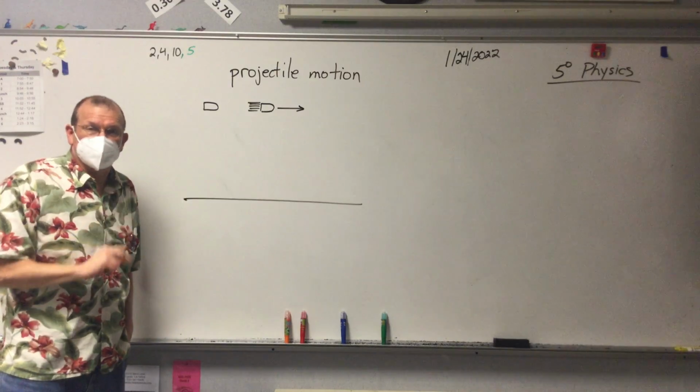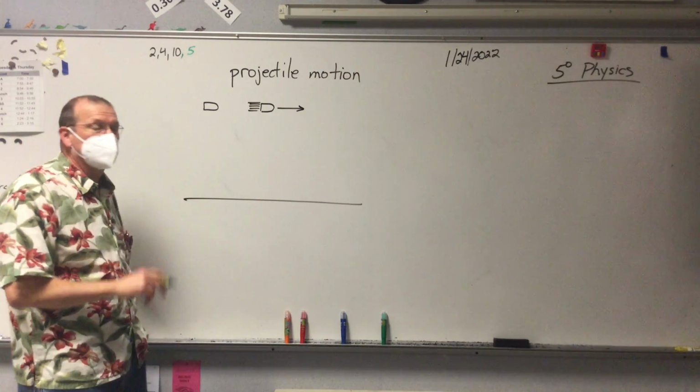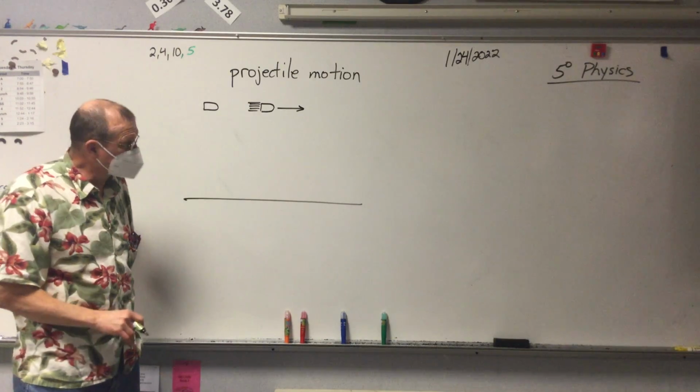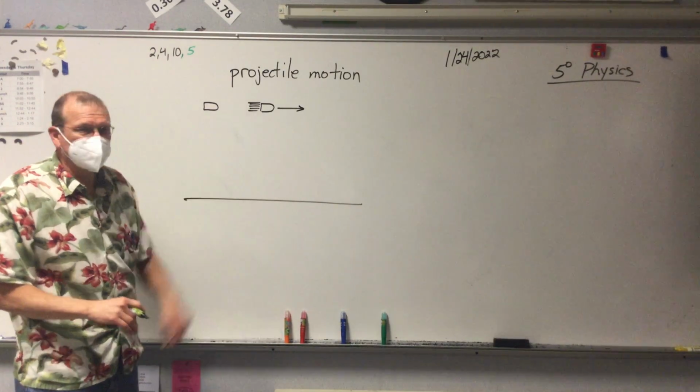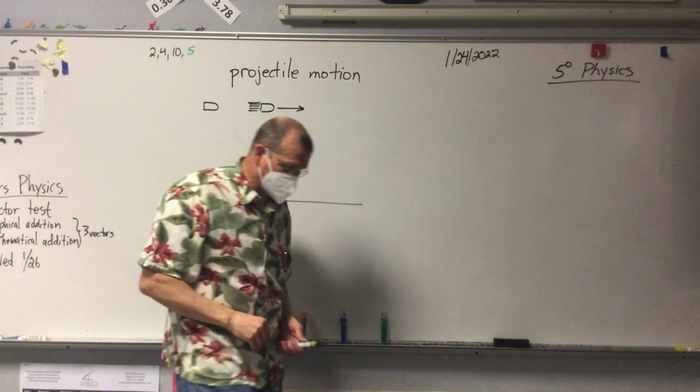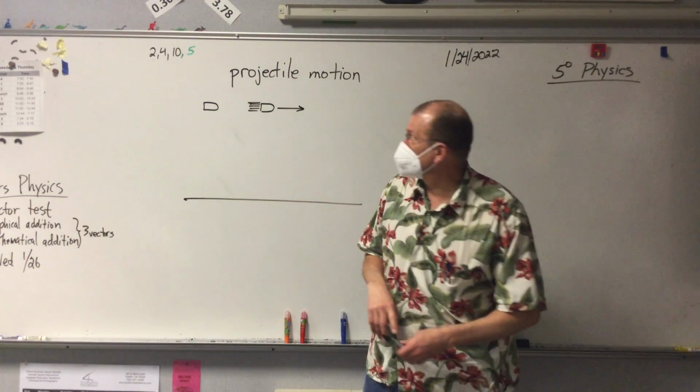I have two bullets. One is simply going to be released to fall to the ground, and the other one is going to be shot out of a gun parallel to the ground.